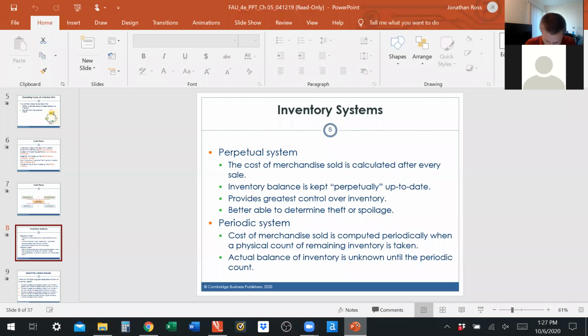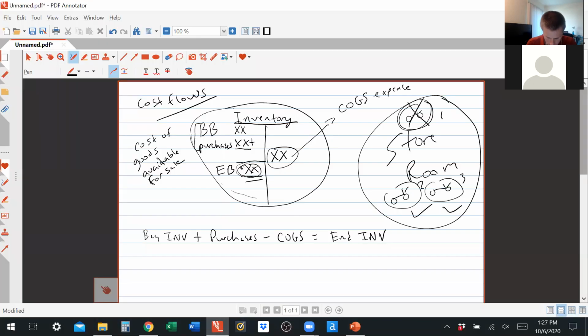In a perpetual inventory system, since you're calculating the cost of goods sold every time you sell an item, your ending inventory balance, or your inventory balance at any moment in the inventory account, is up to date. It's accurate. This number right here is accurate always.